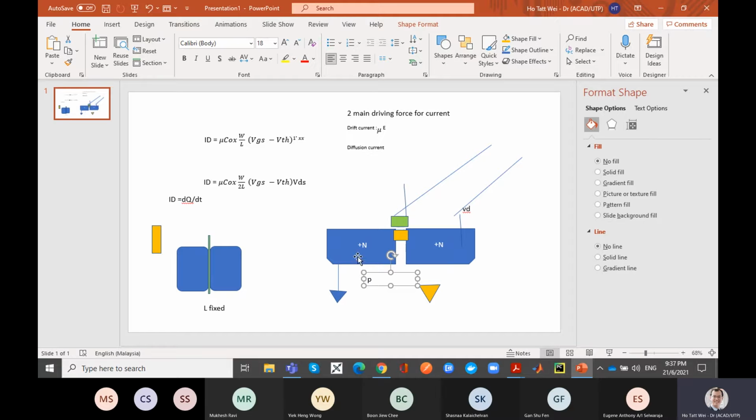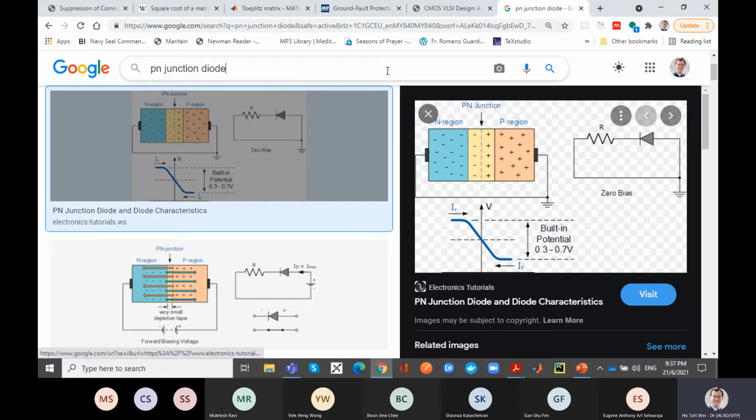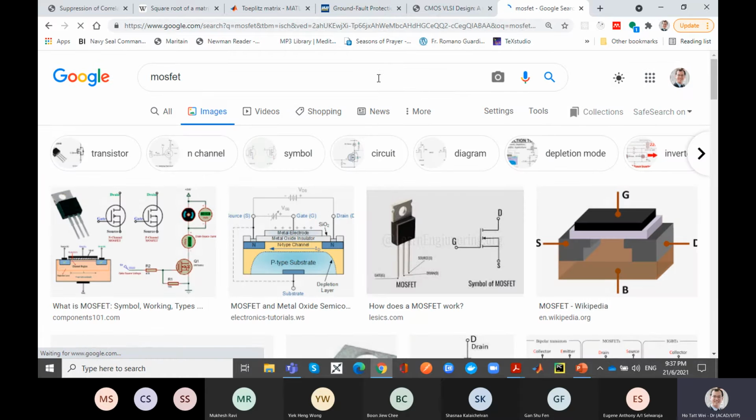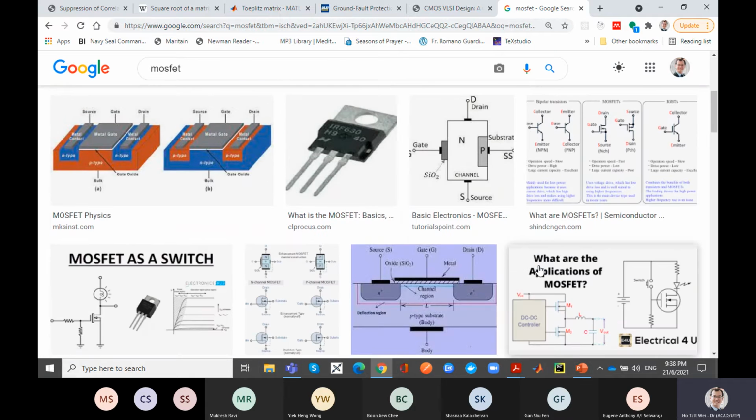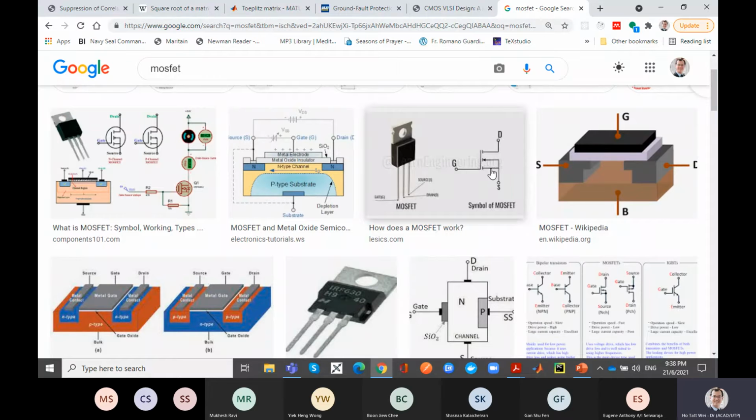You got that? So what we're going to do is see that when you draw your MOSFET, let's go for the MOSFET. Tonight I'm a bit lazy to draw the MOSFET, so I just point a bit. If you don't understand, let me know. If you draw your MOSFET like this, this is the source, this is the drain. In the non-ideal device, there's a capacitance here from the gate to source, and there's a capacitance from here to the bulk.